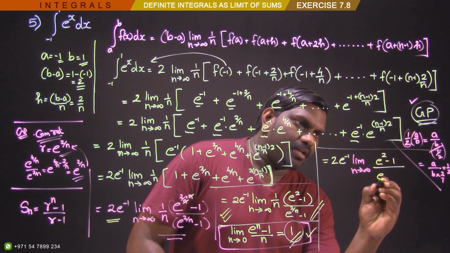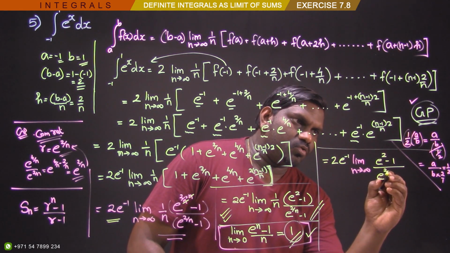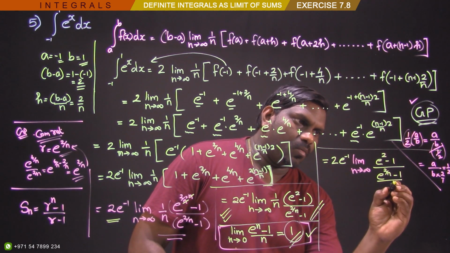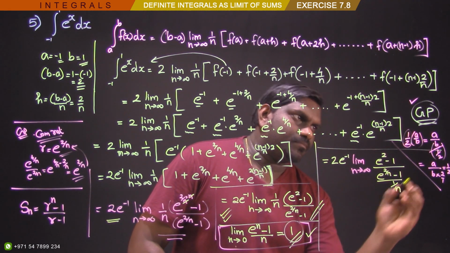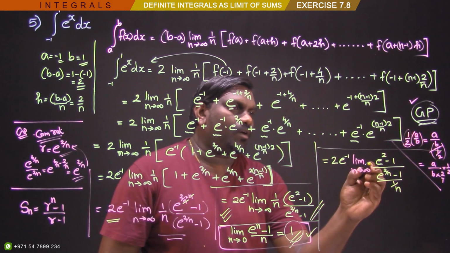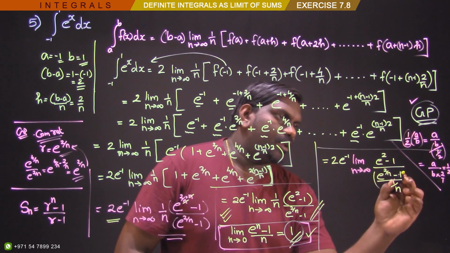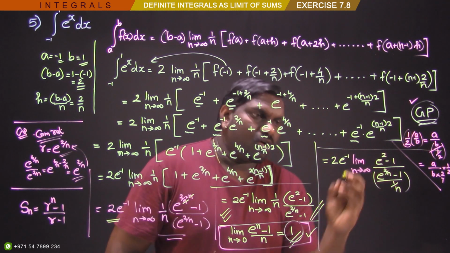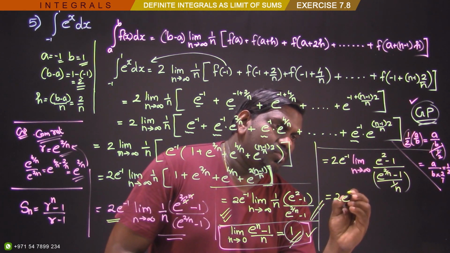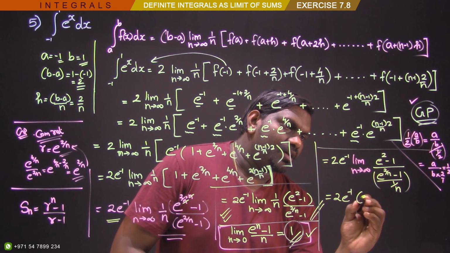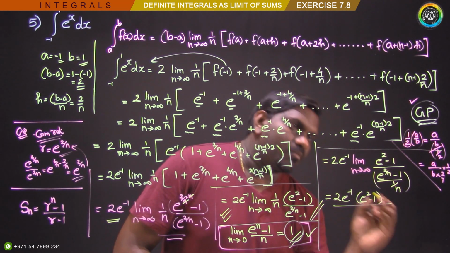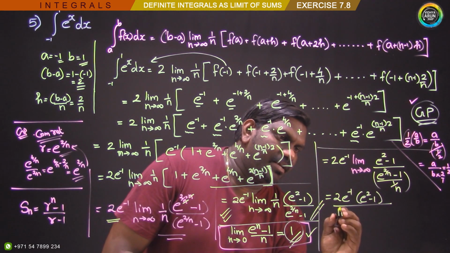I'm just going to take it down, which is e raised to 2 minus 1 over 1 by n, just like what I said here. 1 by n, I have brought it here, right? I told you this is going to be a constant, dear. So e raised to minus 1, we don't need to do anything with it, just write it as e raised to 2 minus 1. But now what I'm going to do is bring the limit down.